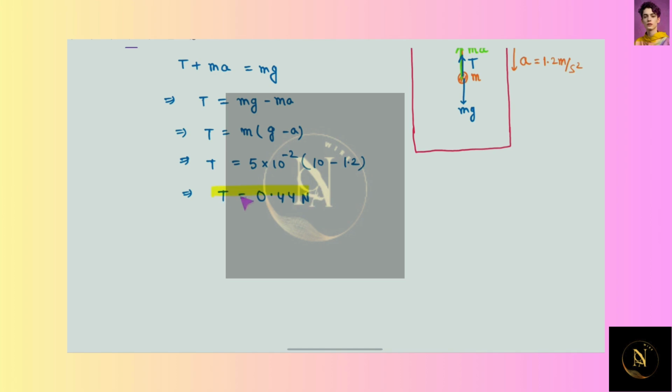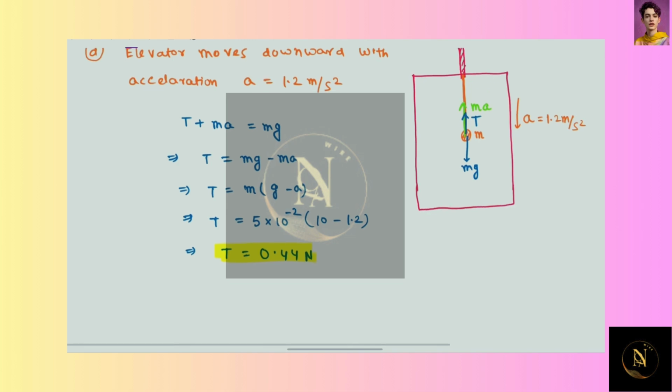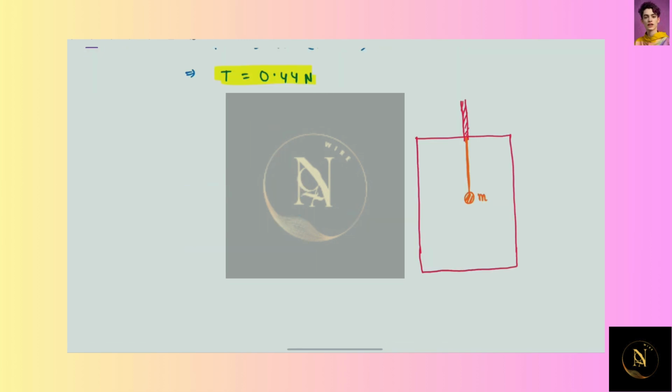So this is the answer for part D. In part E of this question, it is given that the lift is going downward with a deceleration of 1.2 meter per second square. As the lift is having downward deceleration, I will write a equals minus 1.2 meter per second square.